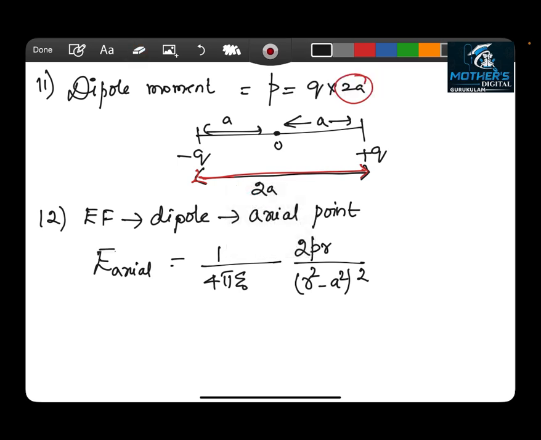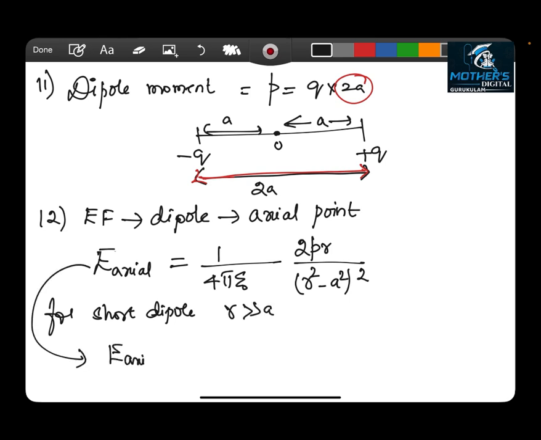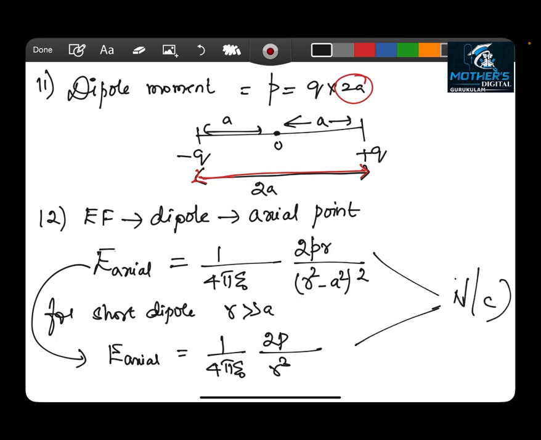So I can write E axial equal to 1 by 4 pi epsilon naught 2 PR by R square minus A square. For a short dipole, special case, if R is much greater than A, the same formula can be rewritten as E axial equal to 1 by 4 pi epsilon naught 2P by R cube. Electric field will be measured in terms of Newton per coulomb.